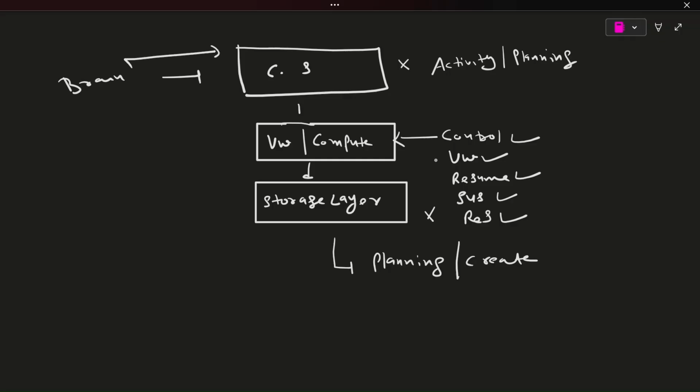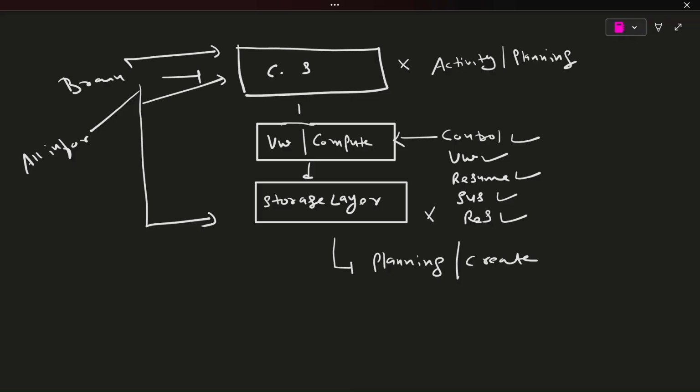It does a lot of operations. Whatever data is sitting here, the cloud service is having all the information: in which micro partition data is sitting, and what the size of the micro partition is. Got it? So all the information is sitting with the cloud service layer.